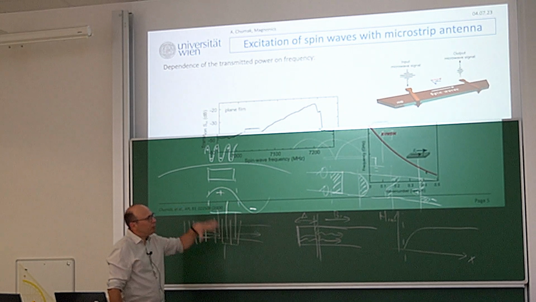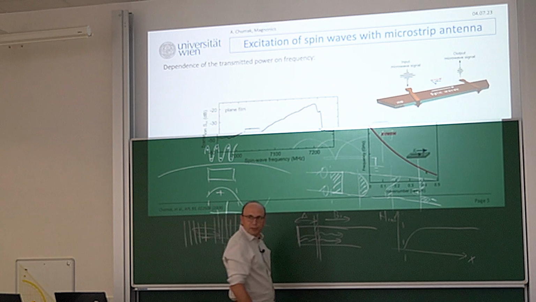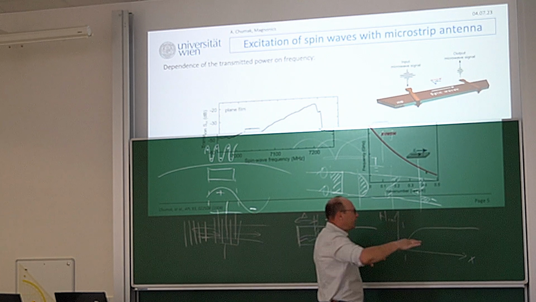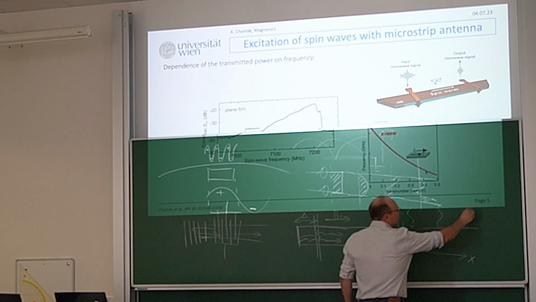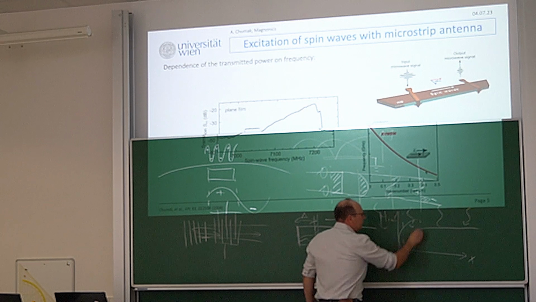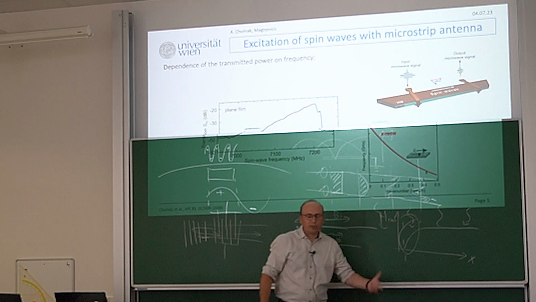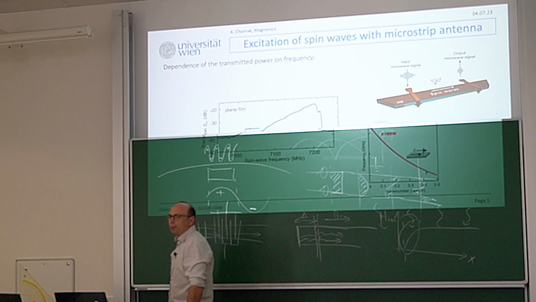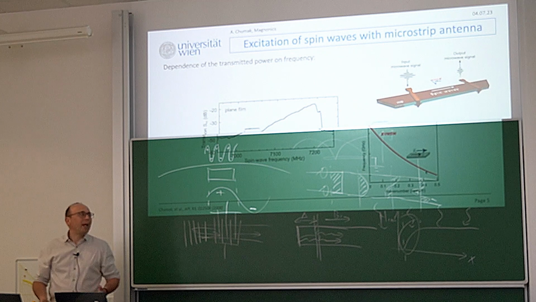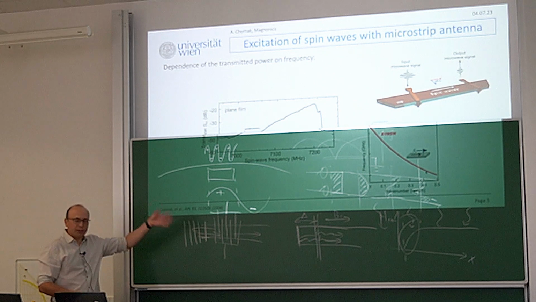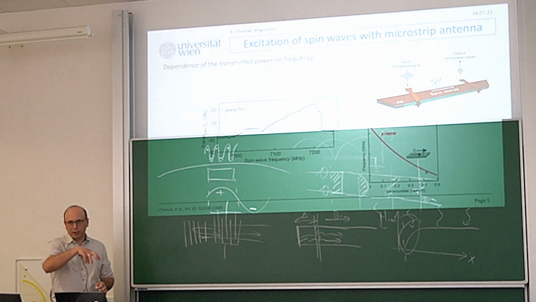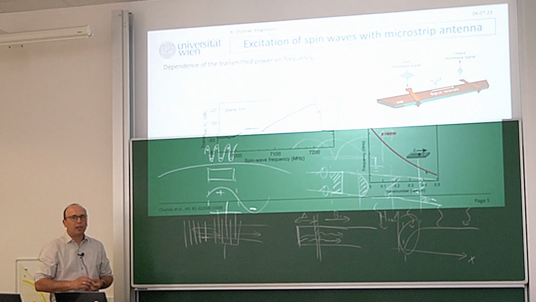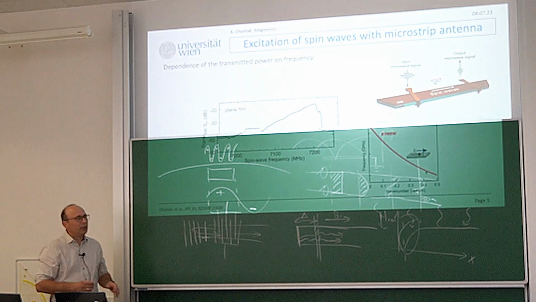When you have such a sample and you put it into a uniform field, so that everything is irradiated everywhere with the same phase, then principally this non-uniform region will act as an antenna on its own, and it will excite spin waves. So principally any non-uniformity you have in the sample, just some hole or dot, antidot, or whatever, you just irradiate it with a microwave field, and it should work as a micro source, as a spin wave source.